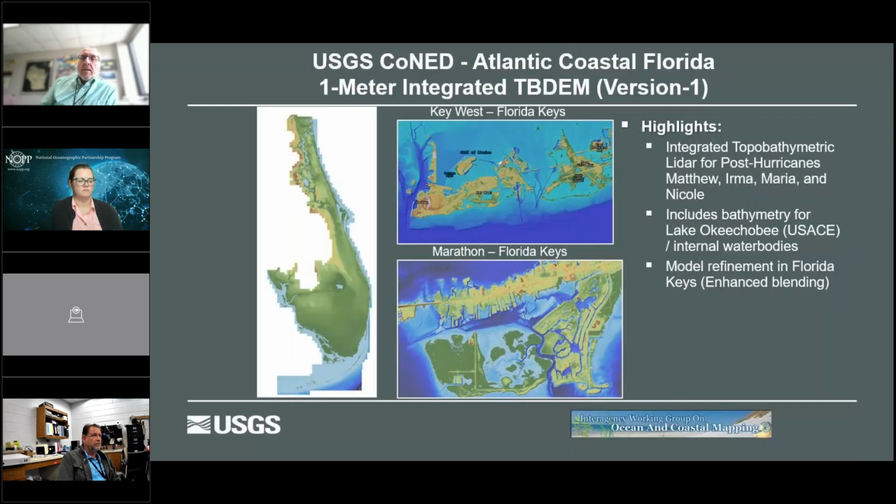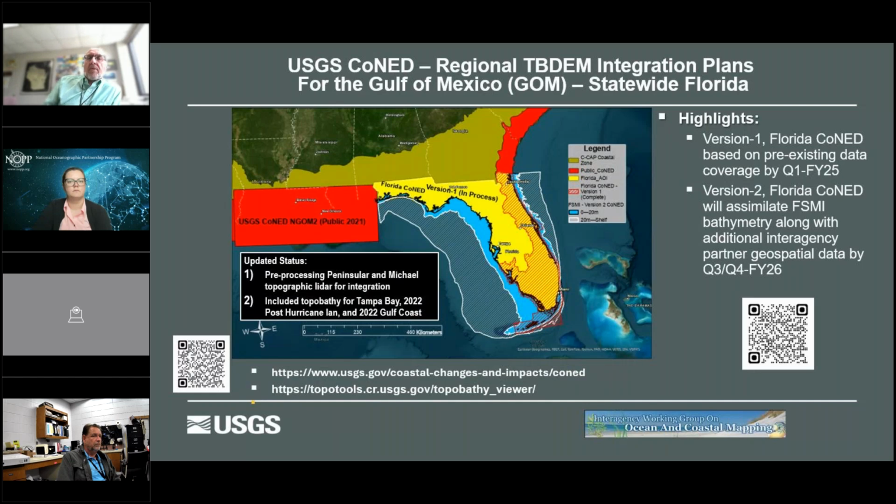Some more examples. This is current work that's going on in Florida. You can see some of the details in the Florida Keys there. Again, high resolution, high accuracy LiDAR data is merged together with all the bathymetric sources to make these elevation models. Here is another graphic of this current Florida development.